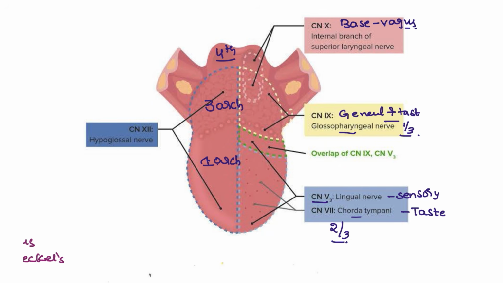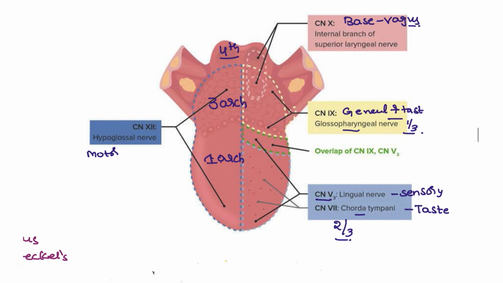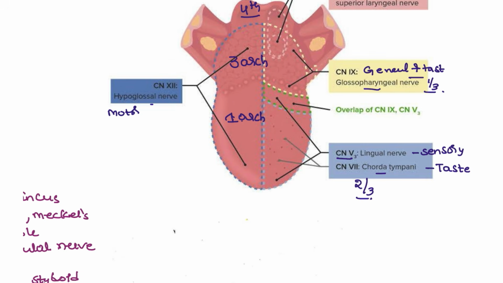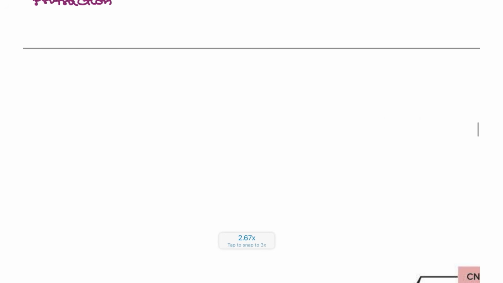And muscles, coming to the motor supply. Motor supply, all the muscles are supplied by the hypoglossal nerve only, except one. The exception is the palatoglossus. Palatoglossus is the exception. This is supplied by the vagus. And not just this one, there are many exceptions we have. Let's see what those exceptions are. Okay, this question can be asked in the examination.